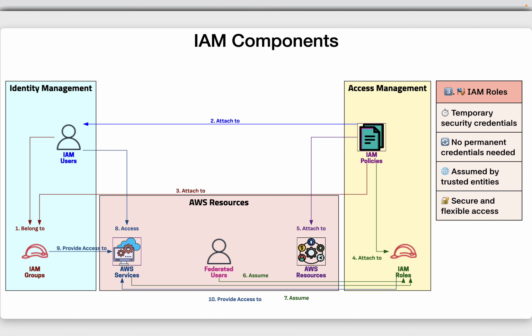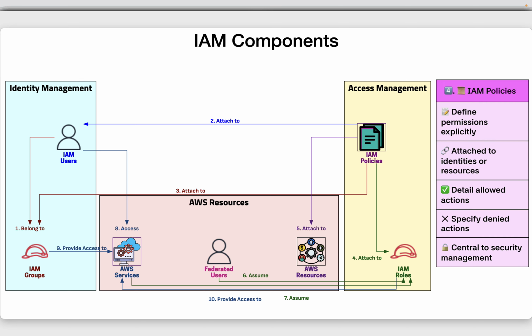IAM roles. This is the mechanism for granting specific permissions to AWS services, other AWS accounts, or federated users without the need for permanent credentials. Roles provide temporary security credentials that can be assumed by trusted entities, facilitating secure and flexible access management. IAM policies.